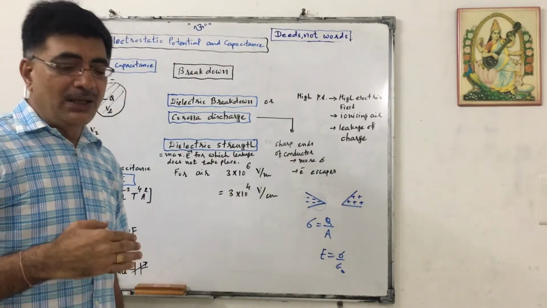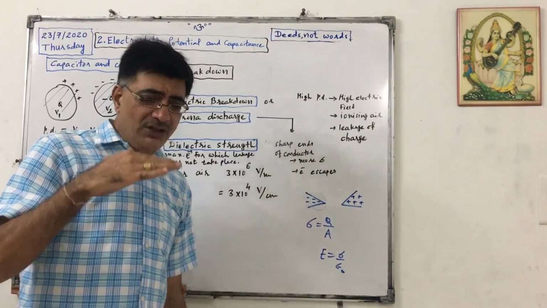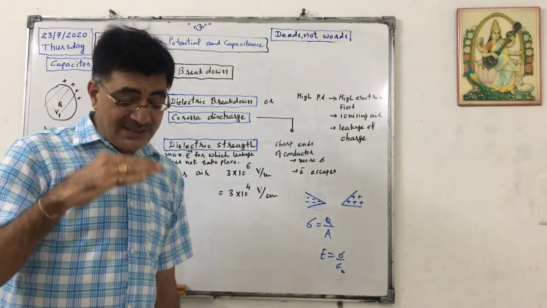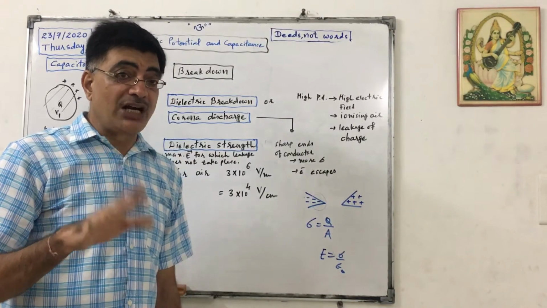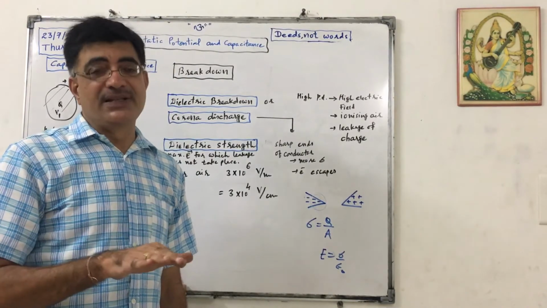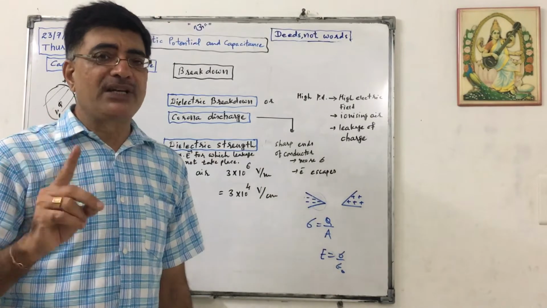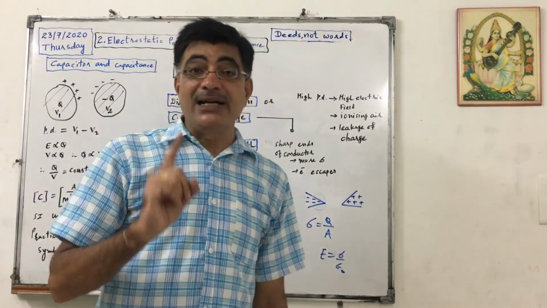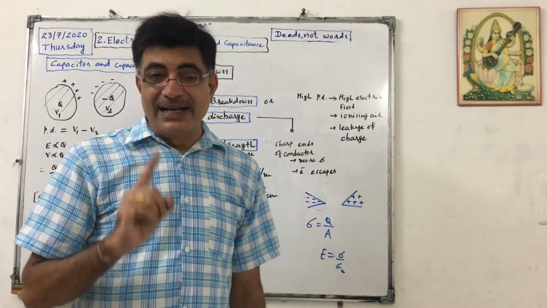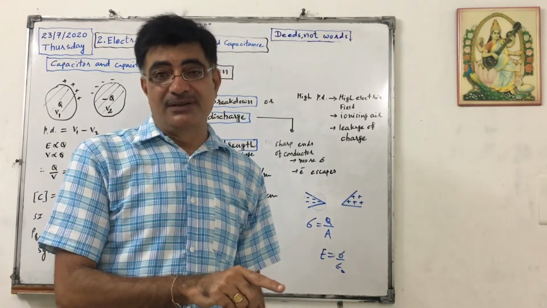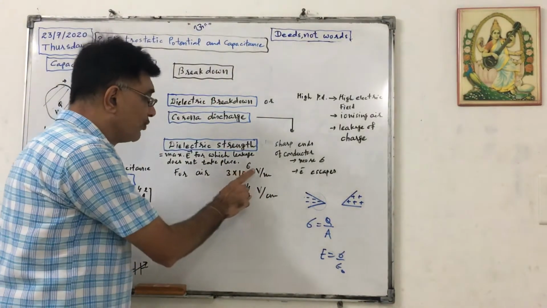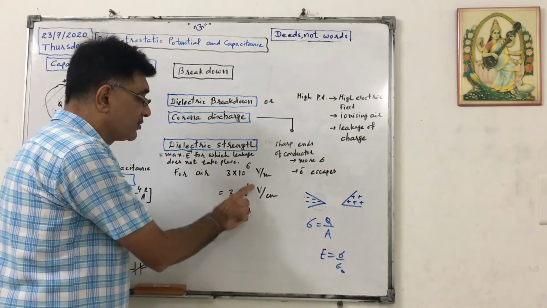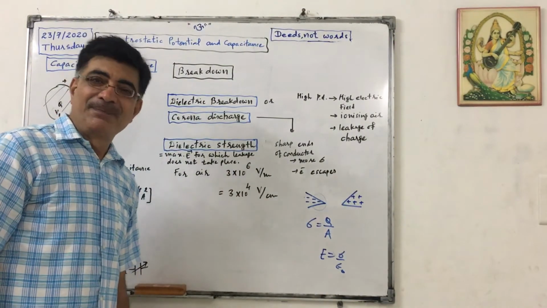Now, the maximum value of electric field for which leakage of charge does not take place is called the dielectric strength of that material. For air it is 3 into 10 raised to 6 volt per meter, or 3 into 10 raised to 4 volt per centimeter.